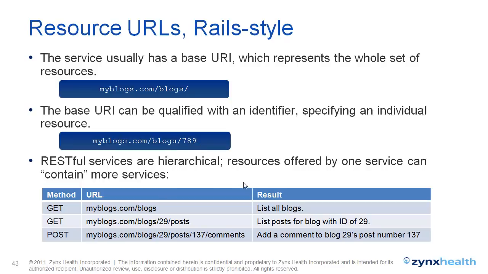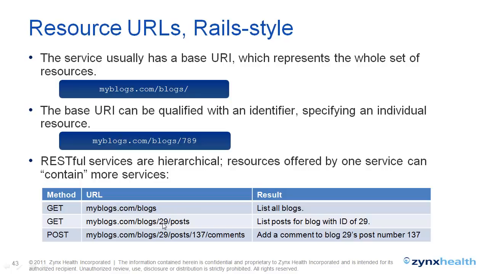An important feature of the Rails conventions is that these representations of resources are hierarchical. In other words, resources as identified with base URIs can represent other resources that are identified by a further qualified base. For example, myblogs.com/blogs represents all of the blogs. If you get it, you list all the blogs.